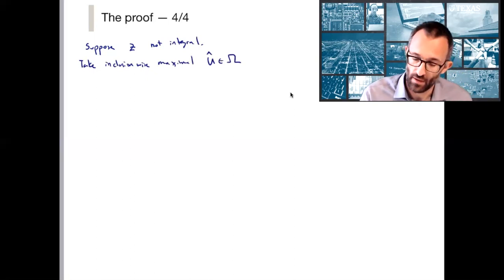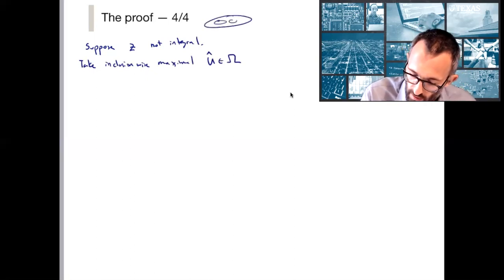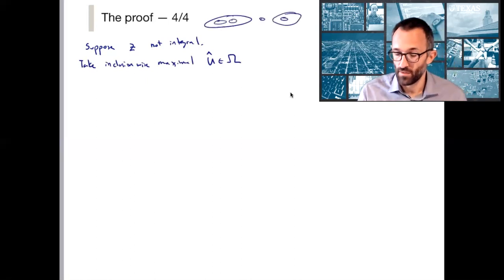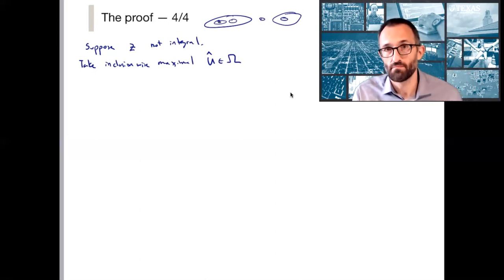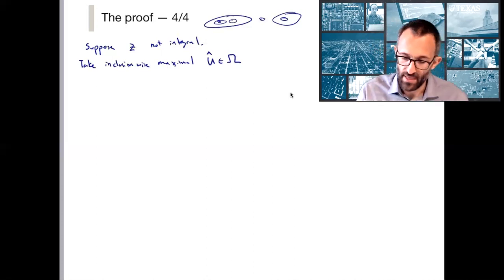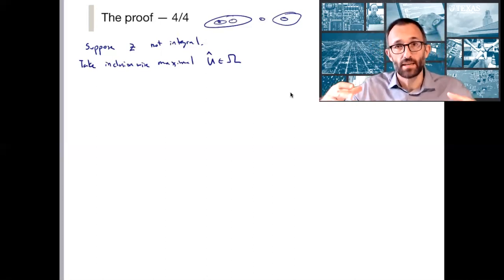Then let's take the inclusion-wise maximal u hat in the laminar family. Remember what our laminar family looks like. There is at least one that is non-integral, and I'm going to take the one that's inclusion-wise biggest that's not integral.